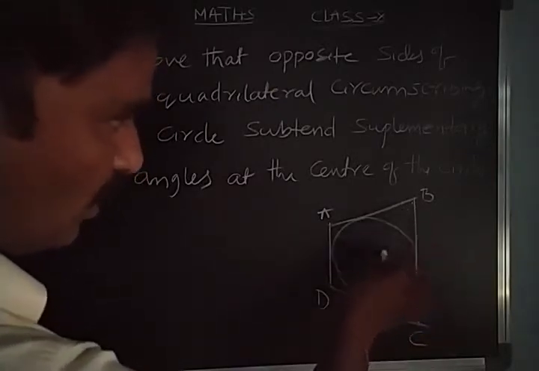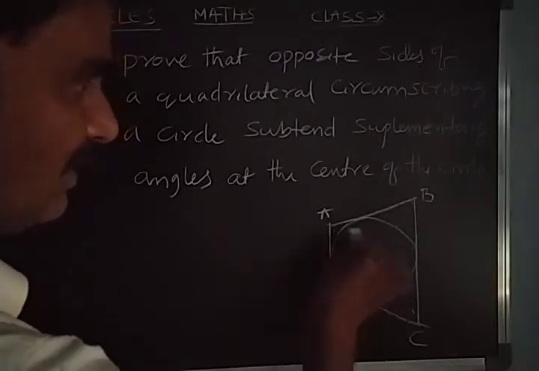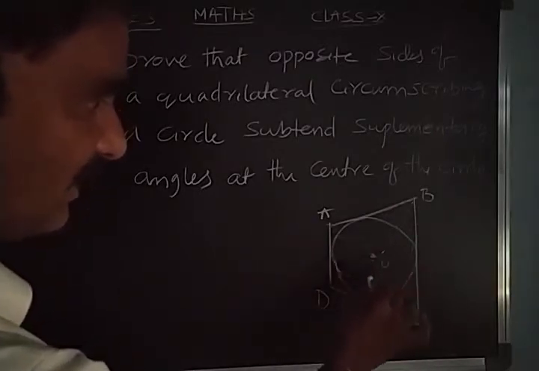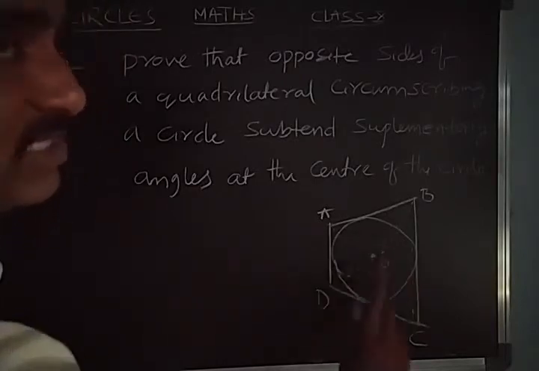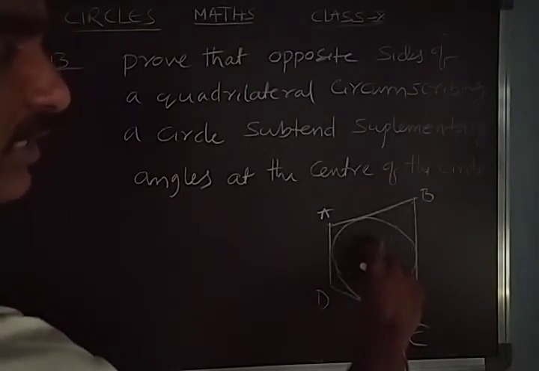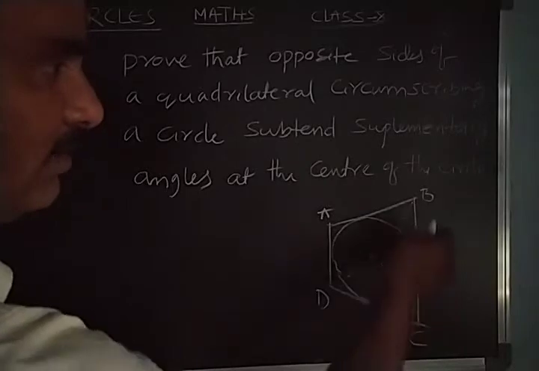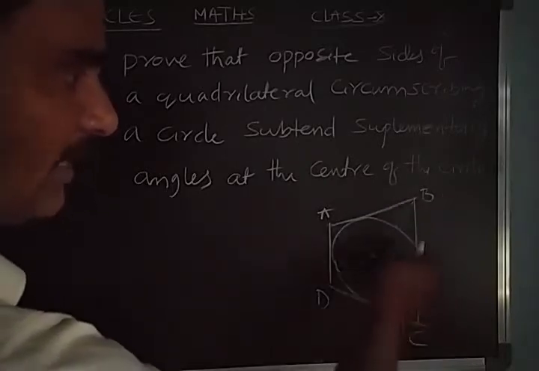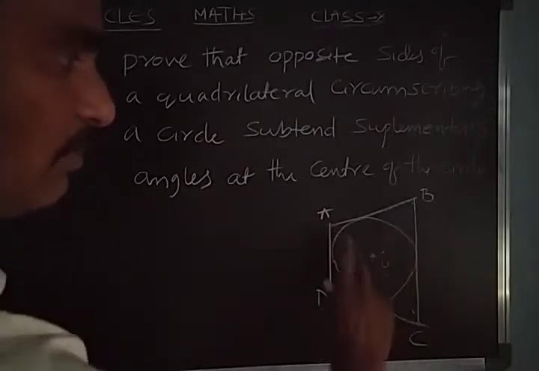So we are going to show opposite sides of the quadrilateral, suppose I am taking AB, DC opposite sides, subtend some angles at the center here and here. We are going to show these two angles sum is equal to 180. Supplementary is 180. We have to show angle AOB plus angle DOC is 180, and we have to prove angle BOC plus AOD also 180. These are also opposite sides, no?